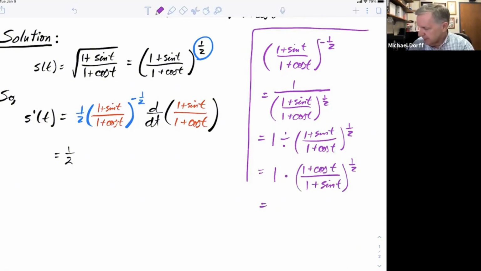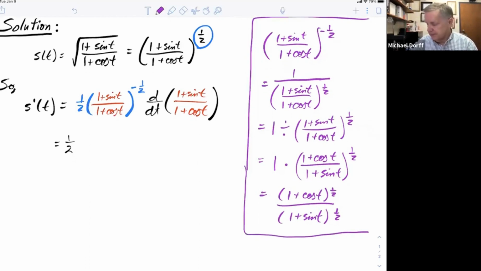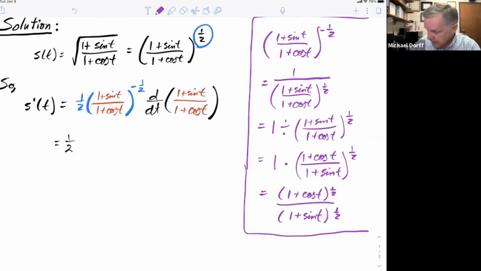I can rewrite this as 1 plus cosine t to the 1/2 over 1 plus sine t to the 1/2 power. Because by the laws of exponents, I can separate that into 2 different terms. So putting that over here, I have 1 plus cosine t quantity to the 1/2 power in the numerator over 1 plus sine t quantity to the 1/2 power in the denominator.